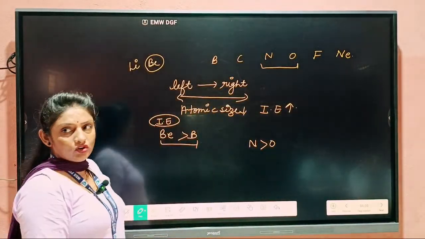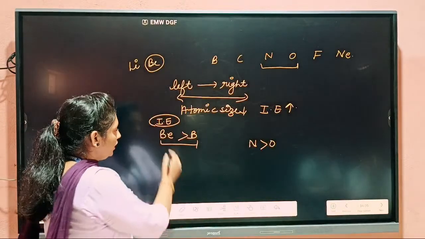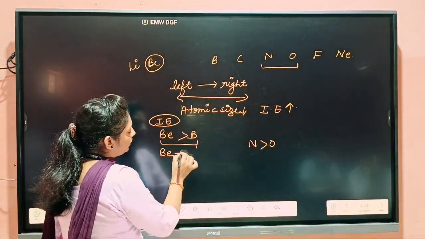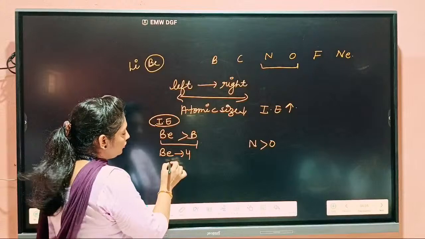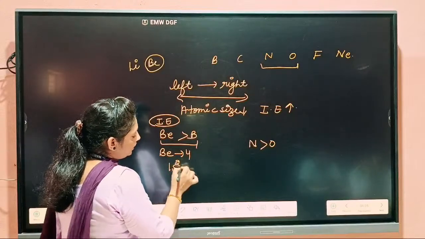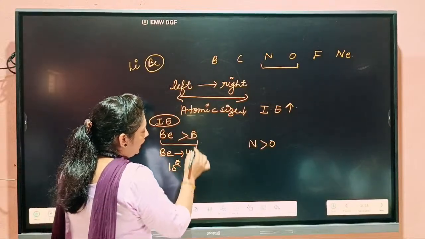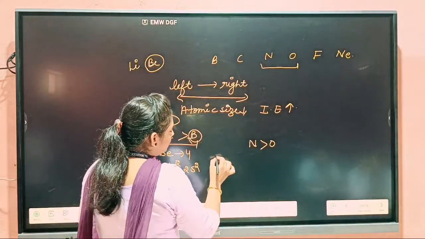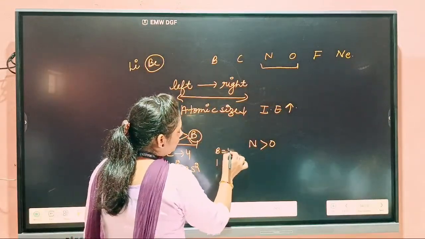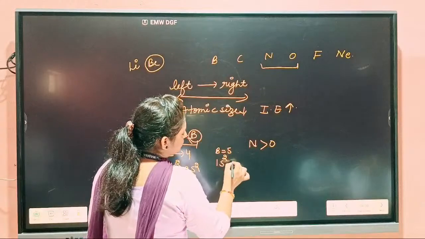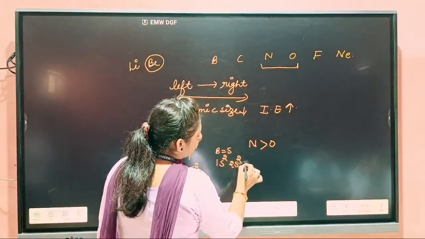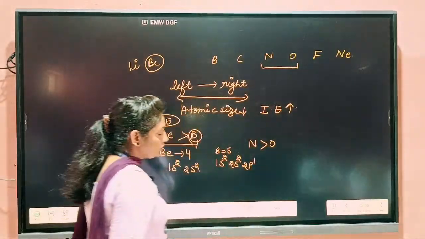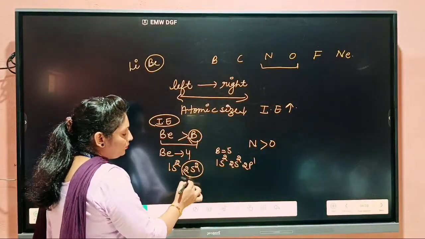Why is it so? Due to its configuration. Beryllium atomic number is 4, so the configuration is 1s2, 2s2. And for boron, atomic number is 5, configuration 1s2, 2s2 and 2p1. So here the s orbital is completely filled.